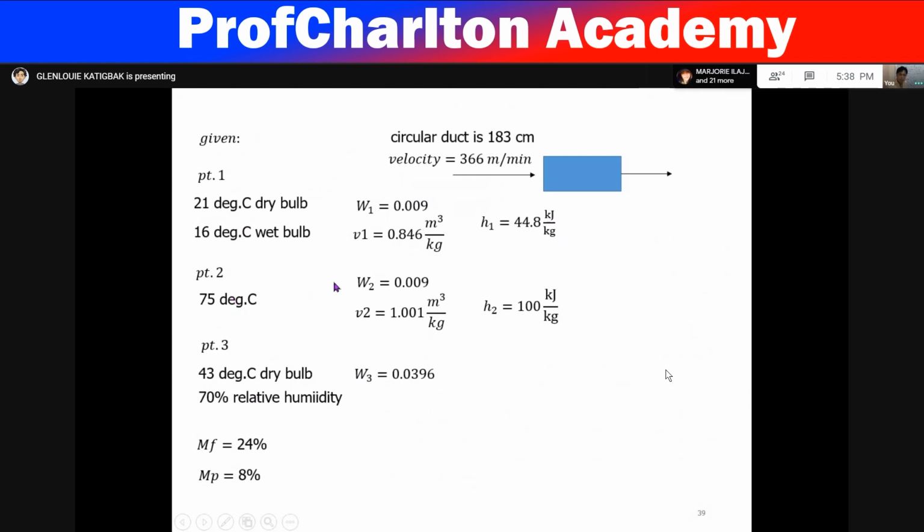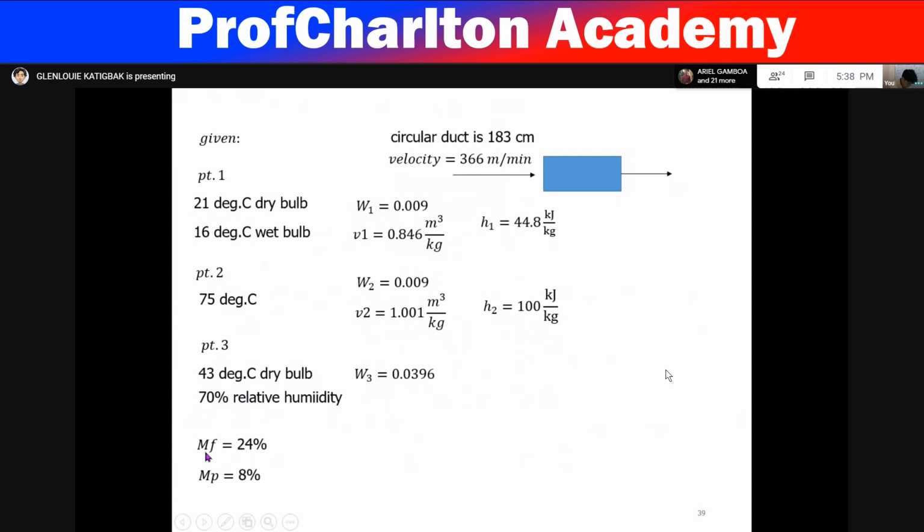Then at point 2, of course it's only heating, sensible heating. It has the same humidity ratio as point 1. Once I got its humidity ratio, I also got its V2, the specific volume, and H2. Then at point 3, we are given 43 degrees dry bulb and 70% relative humidity, so we got the humidity ratio at point 3.